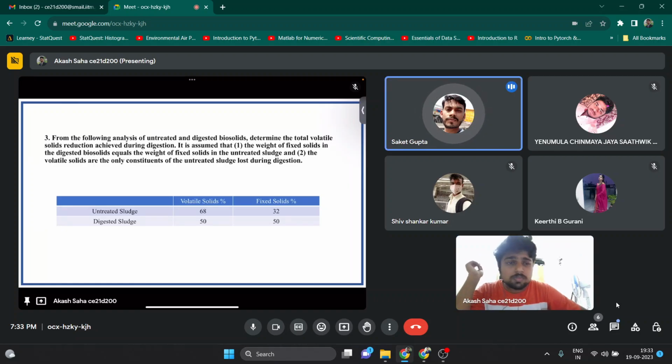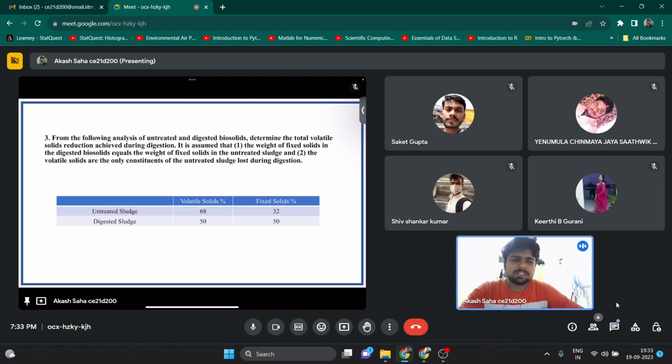Assumption type questions may also be asked. Assumption type questions means it can be asked for any other concept, but here I have just mentioned the assumptions. Whenever we are considering digestion of solids, we consider that only the volatile part will get digested or reduced.